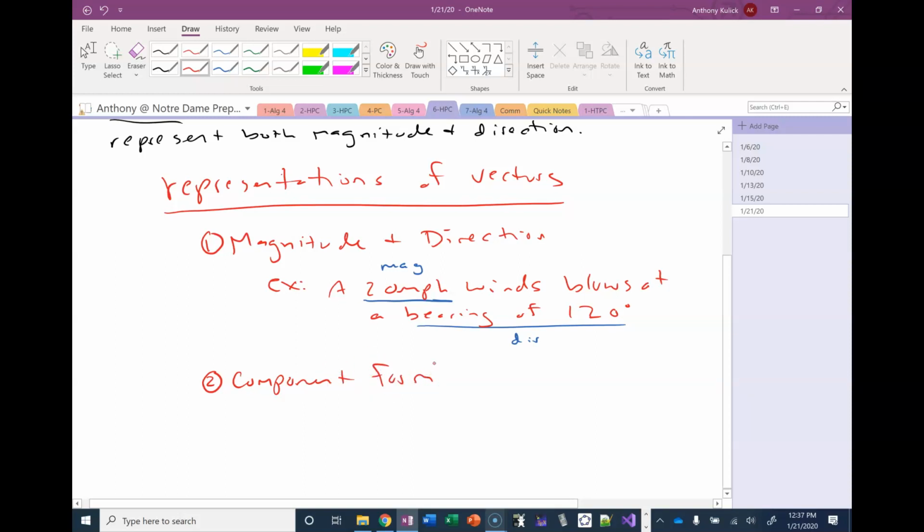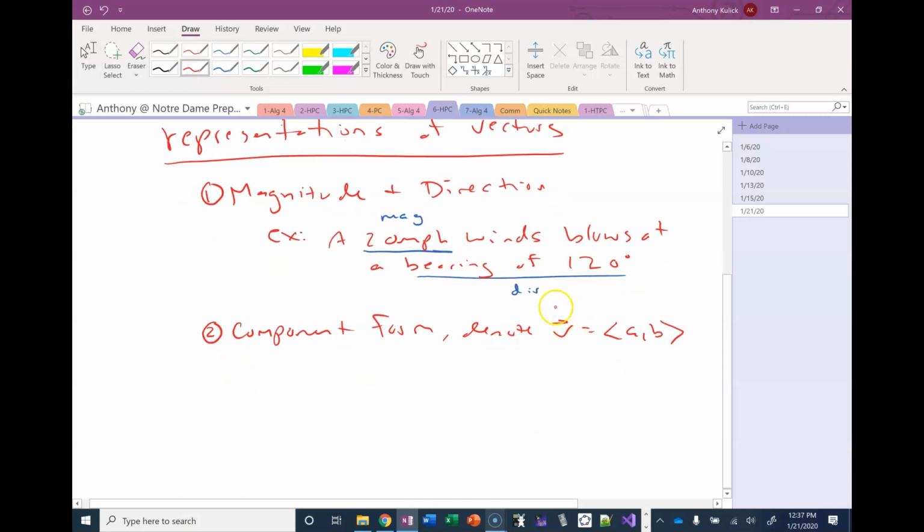The next one would be component form. The way we denote a component form for a vector is we use these wedge brackets. When we denote a vector quantity, typically to differentiate that from just a normal variable, we'll put the little vector hat on it.